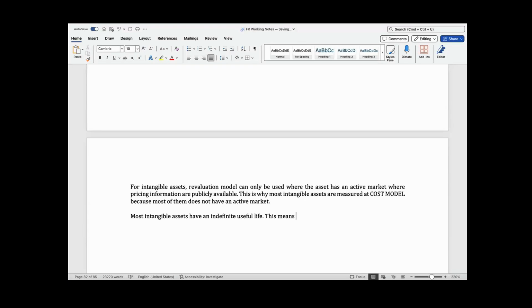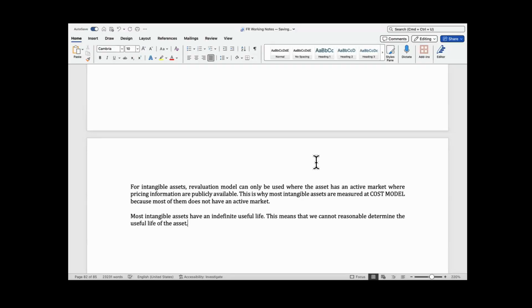This means that we cannot reasonably determine the useful life of the assets. We don't know when it will end.